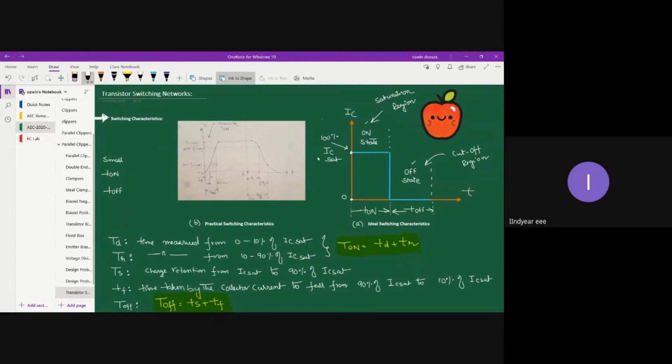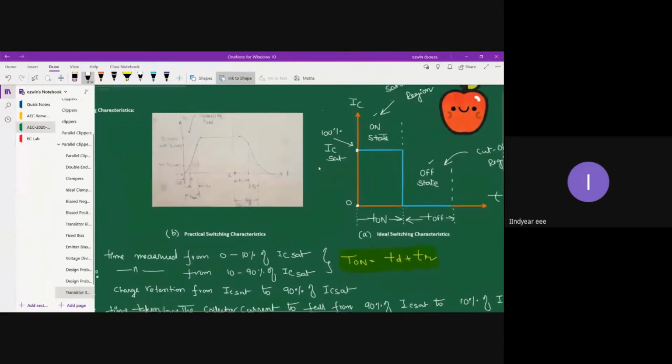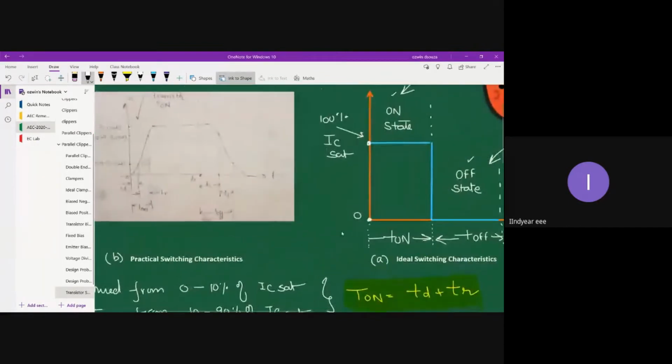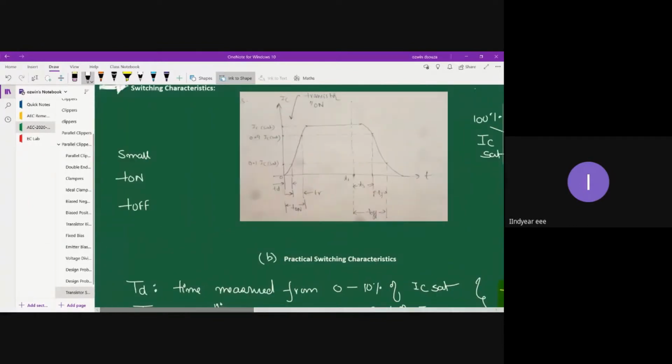Is it clear, the figure B, or you want me to zoom in a bit? Is it legible, all the letters? Can anyone confirm? Yes, sir. Okay, fine. So this is what the practical switching looks like. It gives a flat-topped bell-shaped curve.